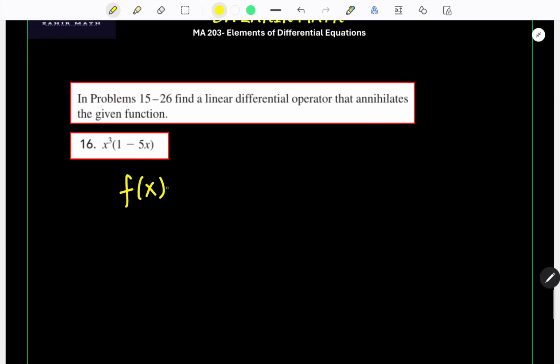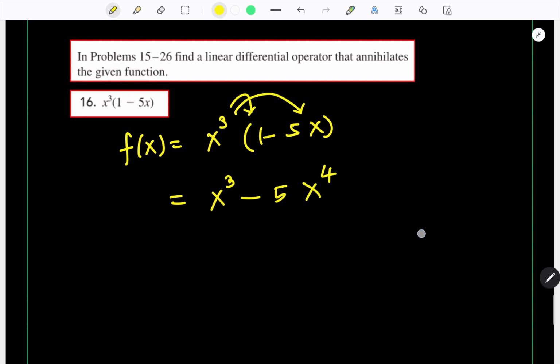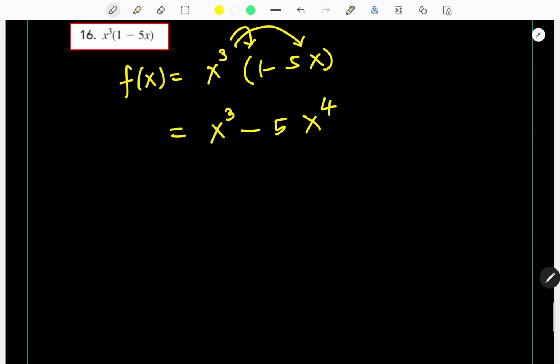Let's go to the next one. Your f of x is equal to x cube times 1 minus 5x, which is equal to x cube minus 5x power 4. What is the first differential operator? D. When I operate, 3x square minus 20x cube.